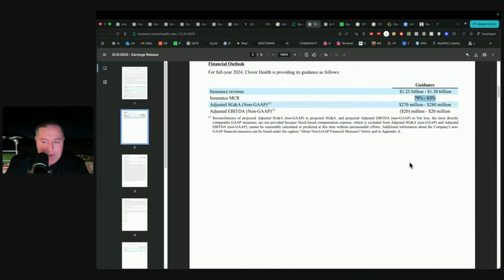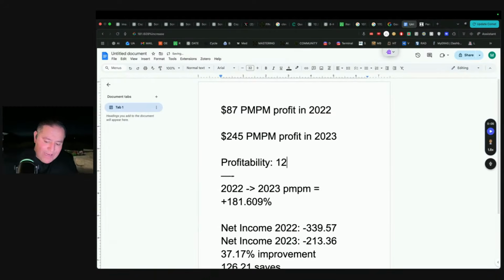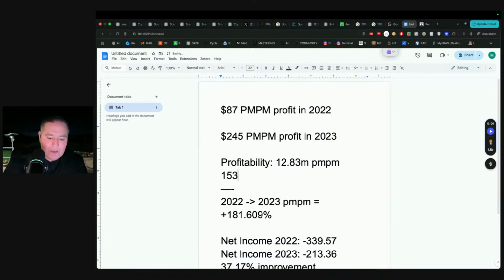So now knowing the lives, this is per member per month, we can take that and multiply it by 81,205. So they added about $12.83 million PMPM in profitability in 1 year. You multiply that times 12, they added $153.9 million in profitability.